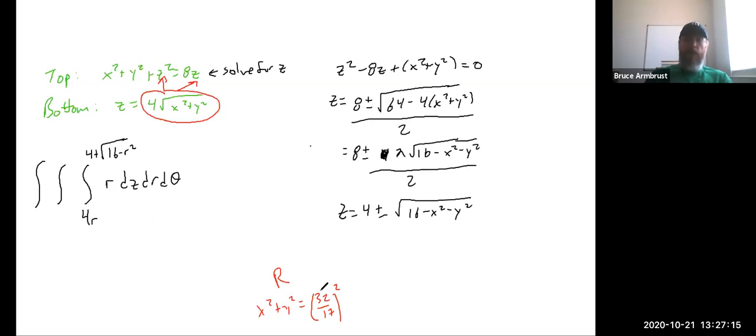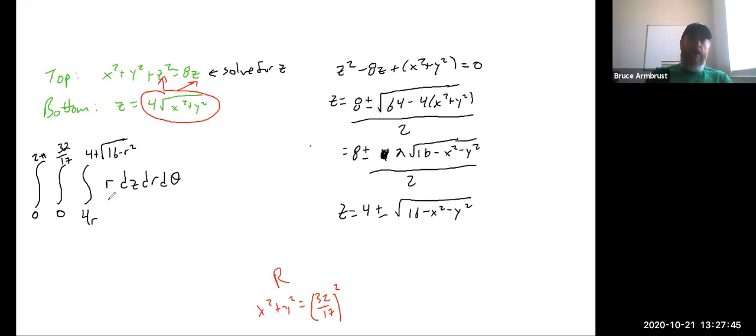The R was a circle centered at the origin, whose radius was 32/17. So if we're going to do that in polar, the r's are going to go from 0 to 32/17. And since it's the full circle, our thetas are going to go from 0 to 2 pi.